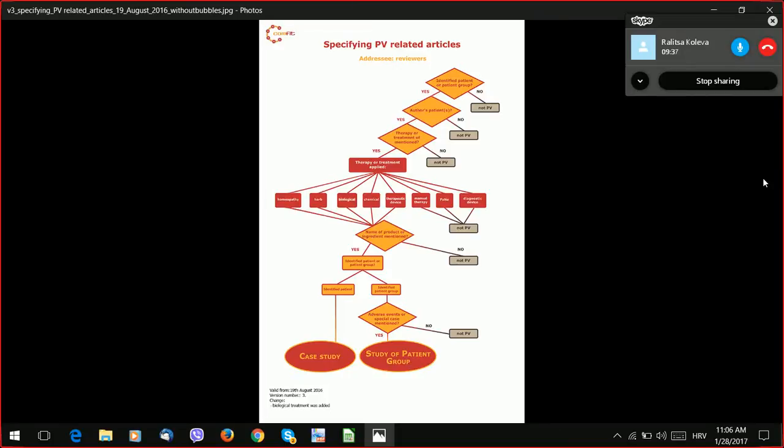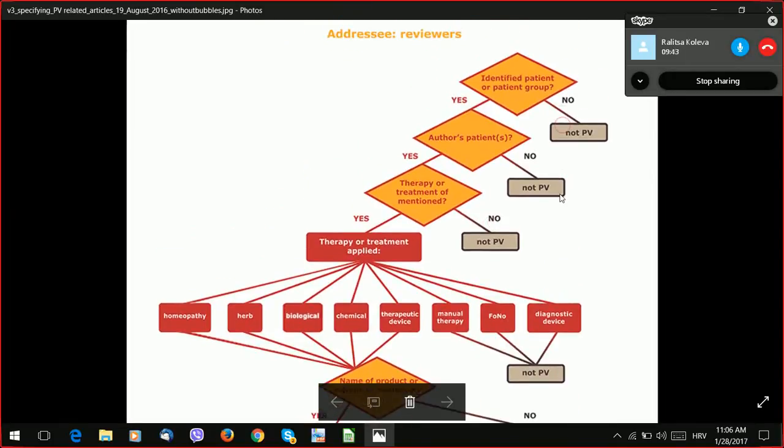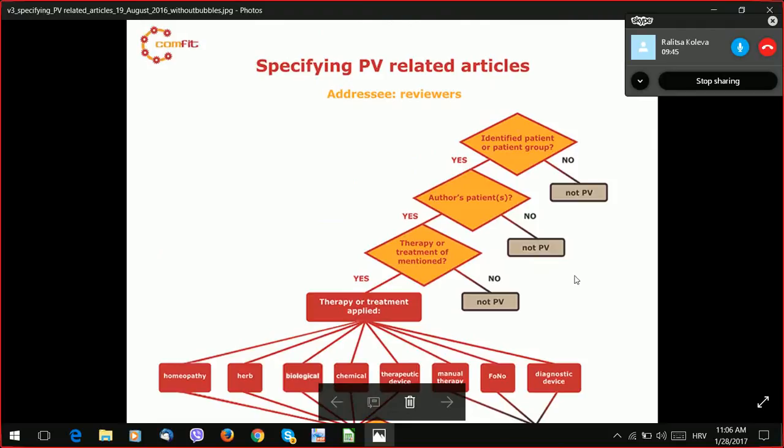So let's see first what these 4 conditions are. The first condition or criteria that you are looking for in an article is identified patient or identified patient group. There can be 1 or more individually identifiable patients in an article.